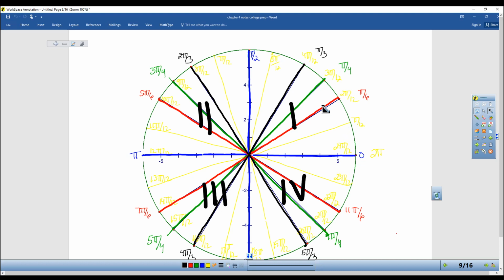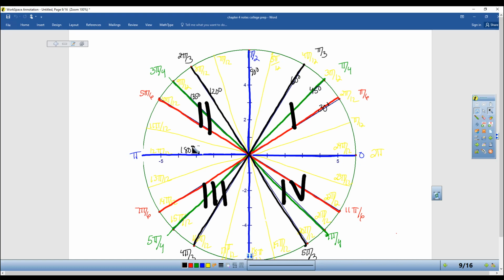Again, I'm not going to do the twelfths. This is 30 degrees, 45 degrees, 60 degrees, 90 degrees. This would be 120 degrees, then 135 degrees. See, I have to think about it.